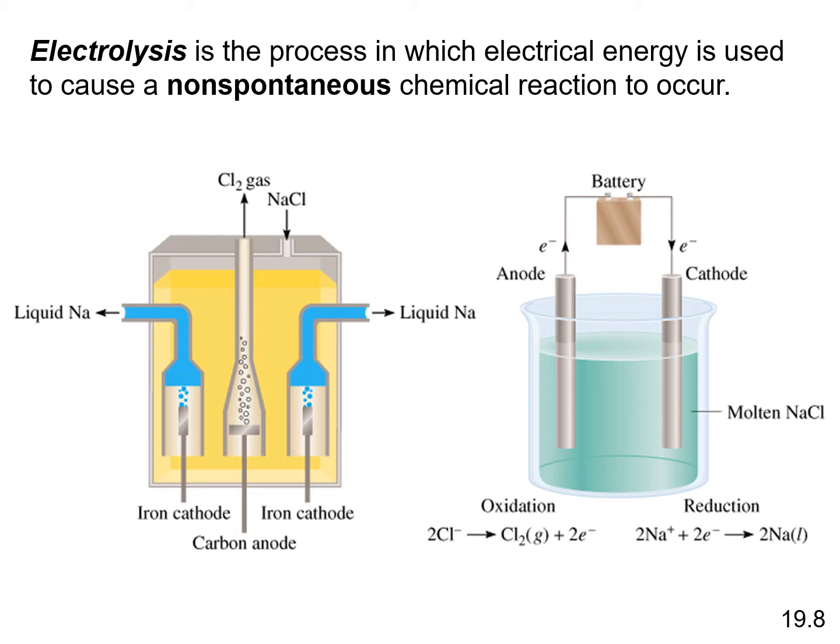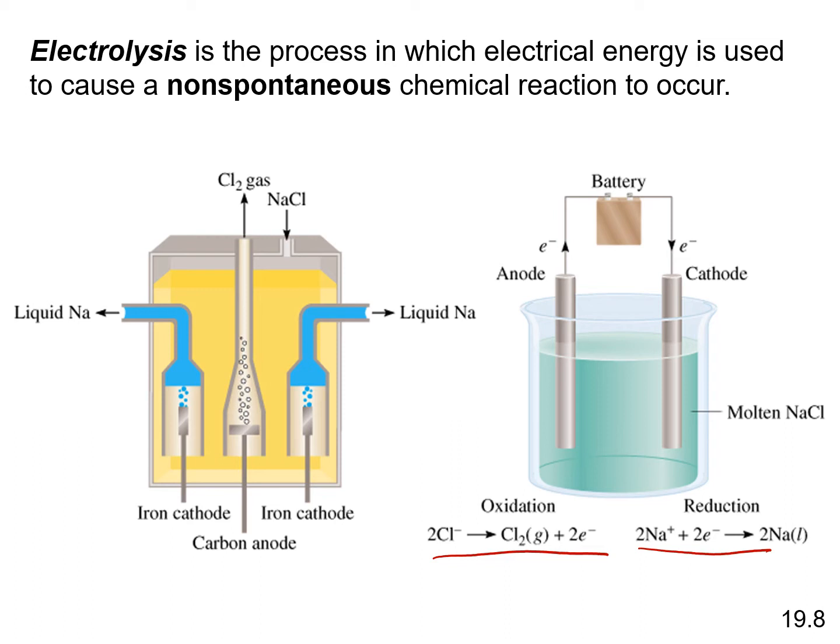What happens here, the anions move towards the anode at our oxidation site, and then the cations move towards the cathode at the reduction site. So we extract electrons from chlorine and force electrons into the sodium. These are our equations for the cathode and then the anode.